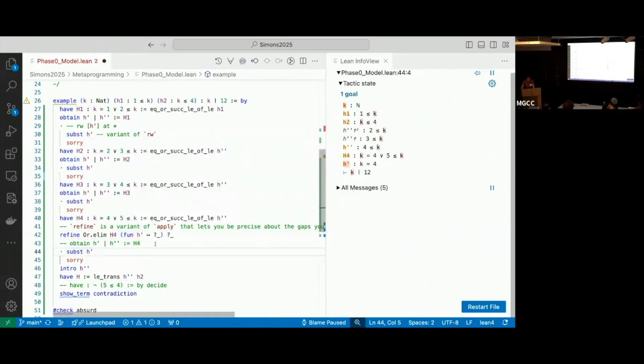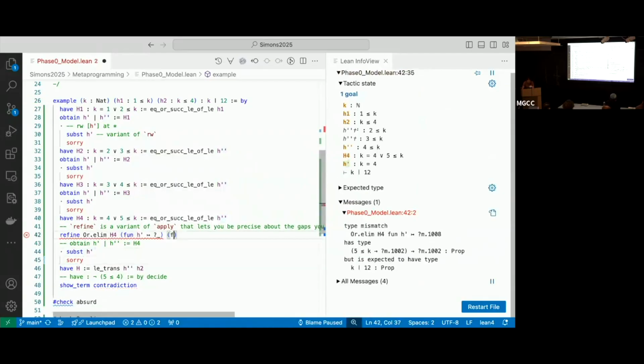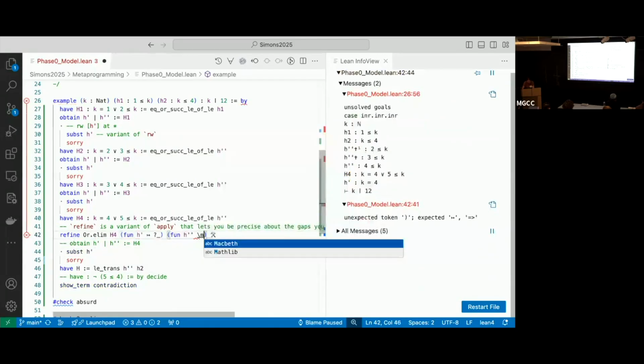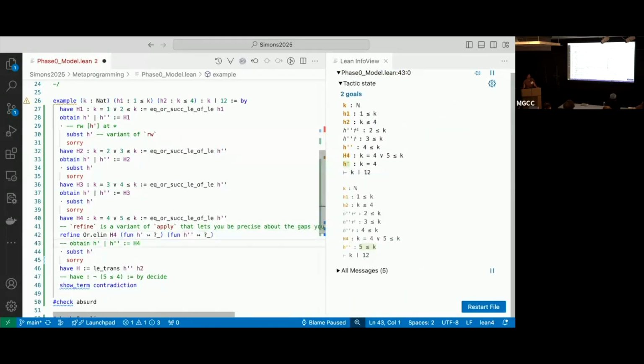And I can do the same thing to get rid of this one here. So rather than having an intro H double primed in the second case, I can say fun H double primed maps to question mark. So this refine or.elim with the 2 funs shows what the obtain is doing as a sort of constructor of proof terms.